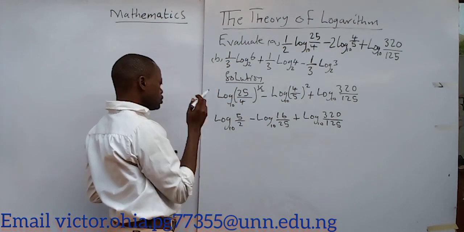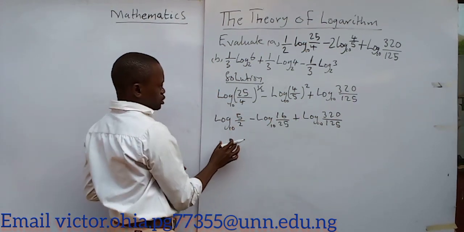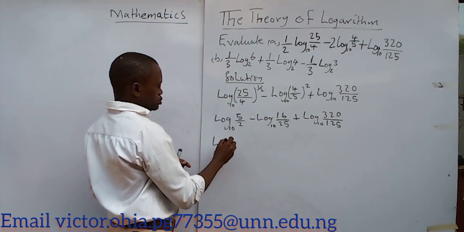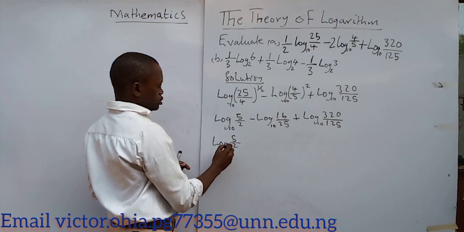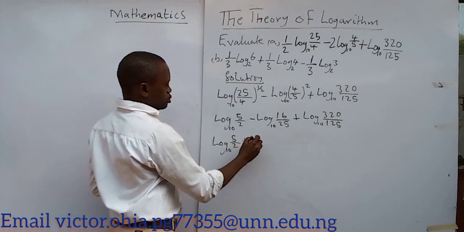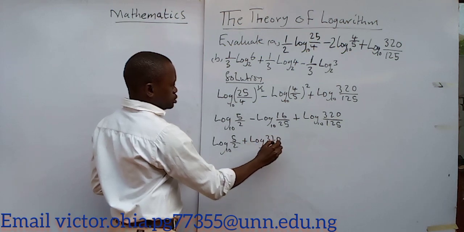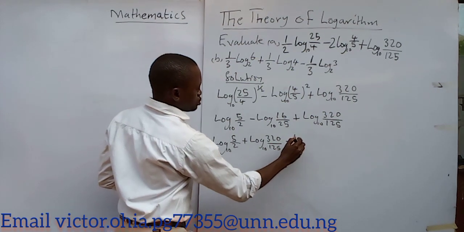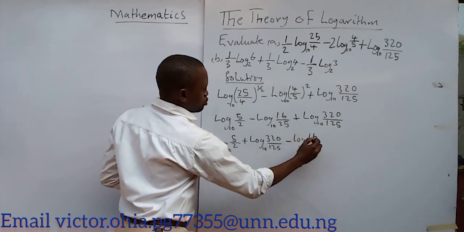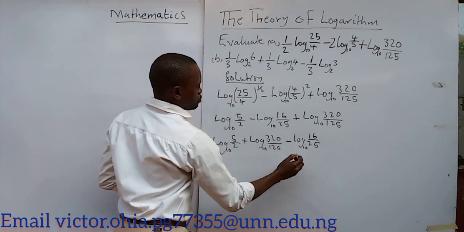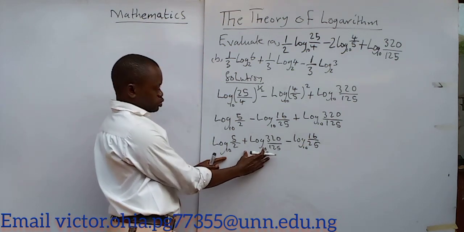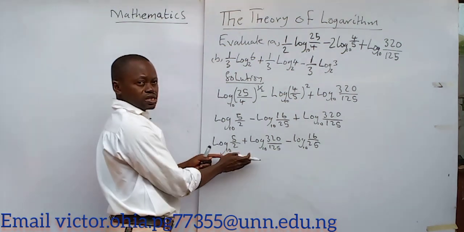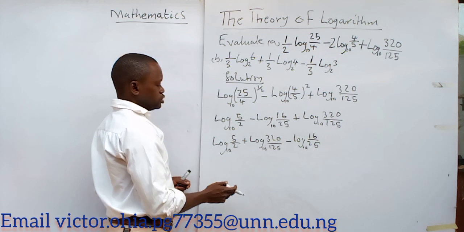Let me bring these together so that we can see something. Log 5 over 2 in base 10 plus log 320 over 125 in base 10. Then I'll bring minus log 16 over 25, all in base 10. The essence of doing this is for me to take a product by the law that says when the logarithms of two numbers are being added, you take the product of the numbers.